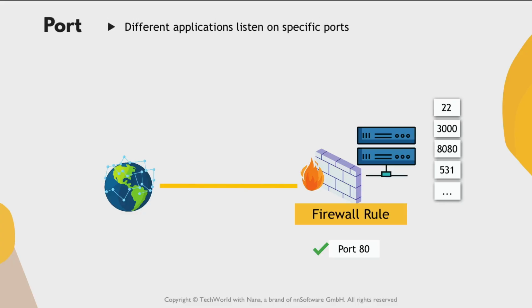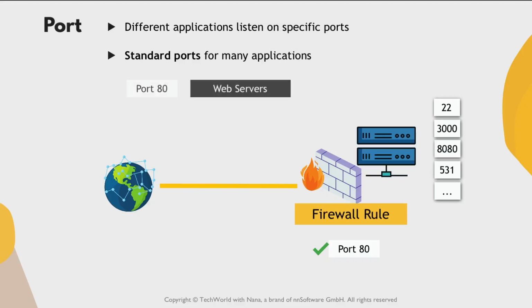And different applications and programs that run on the server will start or listen on different ports, meaning you can access that application on the device only on that specific port. And to keep this all standardized, there are default or standard ports for many applications. For example, most web applications start on port 80.